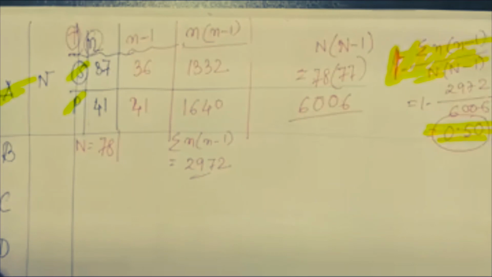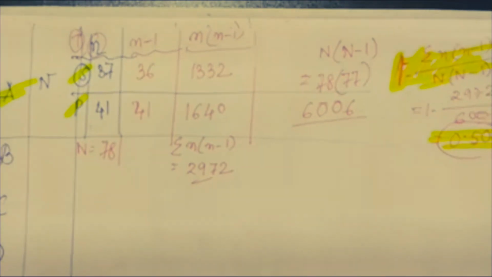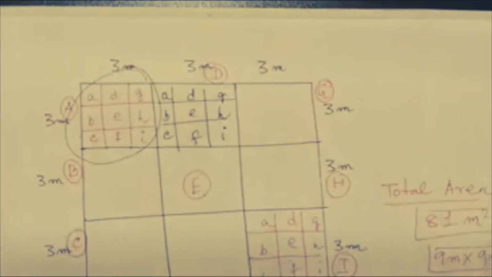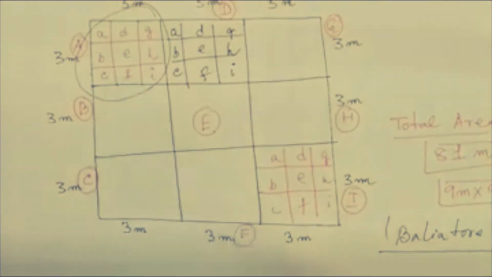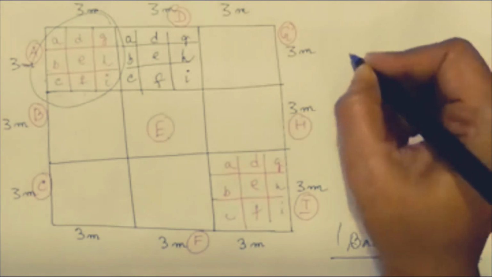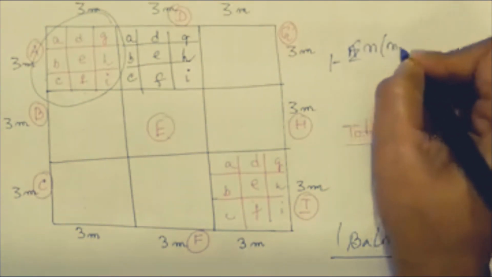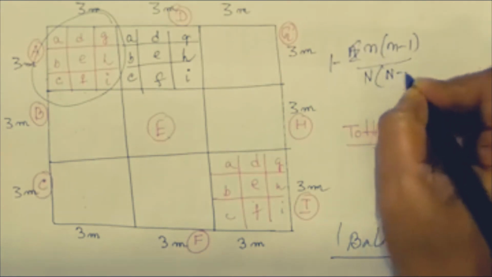So if the data set is like this, with two species shal and polus, then you have to formulate 1 minus summation n into n minus 1 divided by capital N into N minus 1.